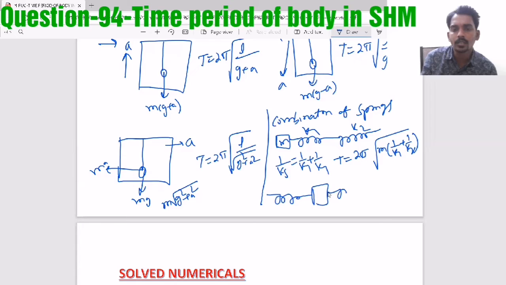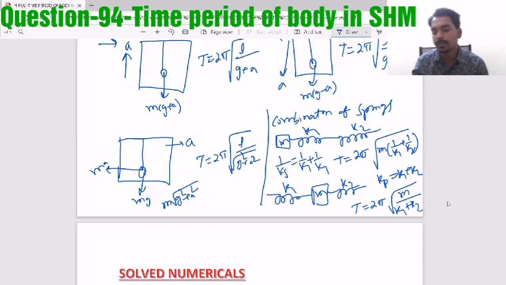If two springs are attached independently to the mass, they are said to be in parallel, then it will become k1 plus k2. Then the time period will become 2 pi root m by (k1 plus k2). Such kinds of questions they can ask based on the time period of a simple pendulum and spring mass system.